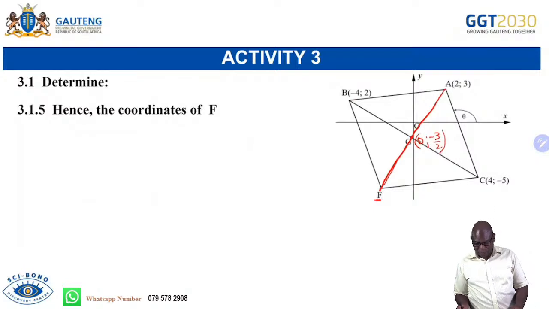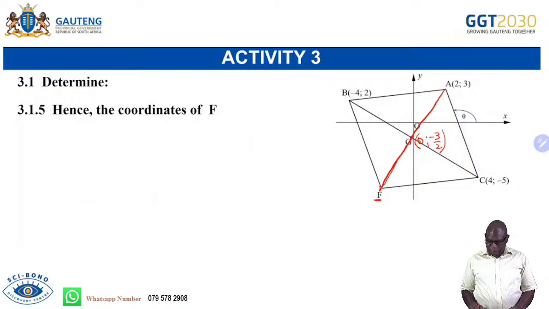So the coordinates of F, I don't have. The coordinates of G, I have. The coordinates of A, I do have.